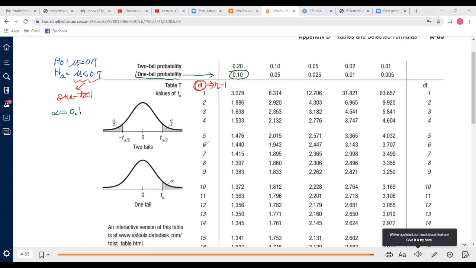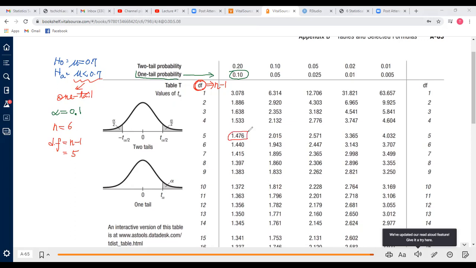Then you need to find the degrees of freedom, which we know is n minus 1. Here n is 6, because they have 6 bottles. So the degrees of freedom is n minus 1, which is 5. Now I go down to 5.